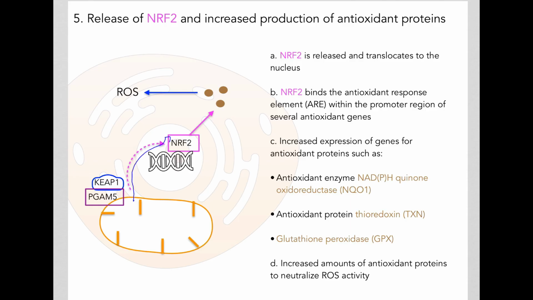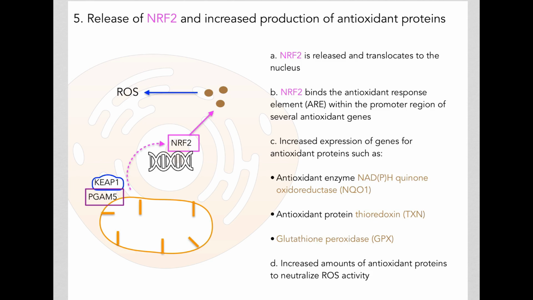Now, NRF2 is a transcription factor, so it will bind the antioxidant response elements within the promoter regions of several genes, and these are genes that code for antioxidant proteins.